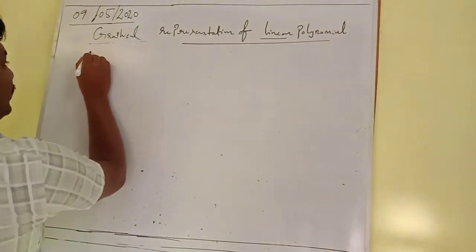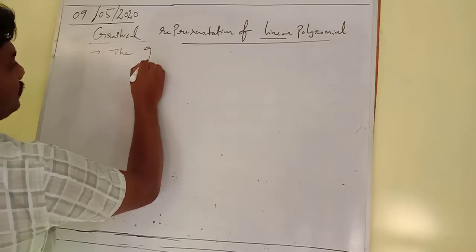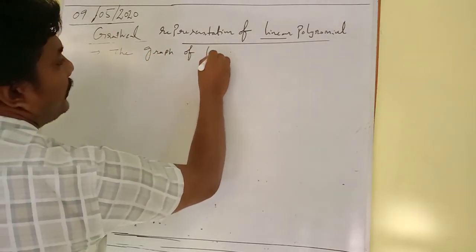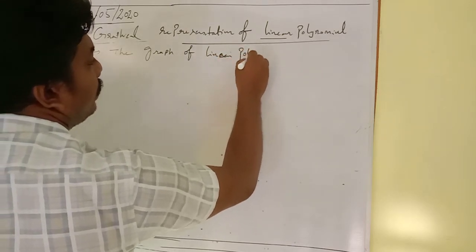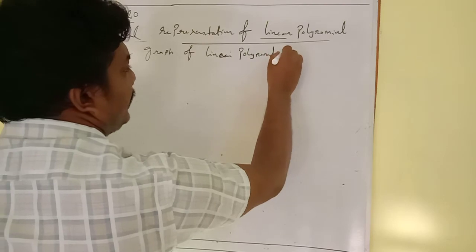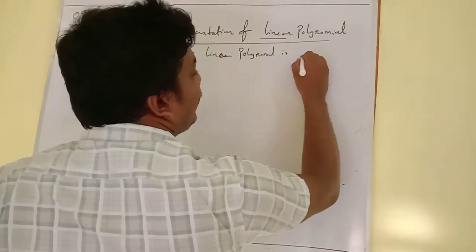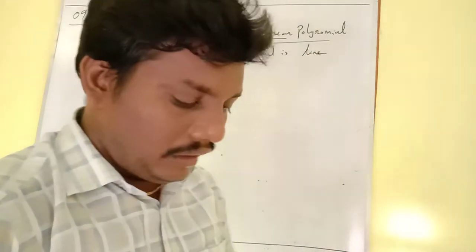The first point we have to say is that the graph of a linear polynomial is a straight line.